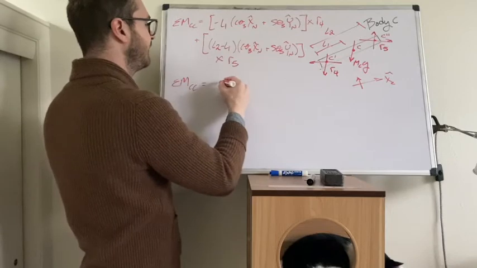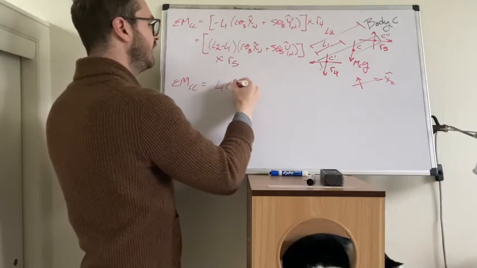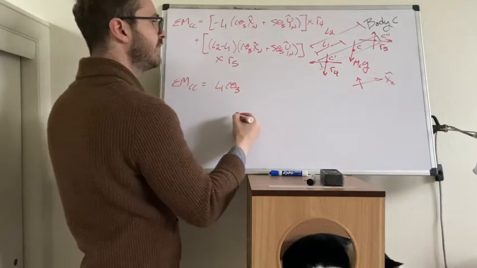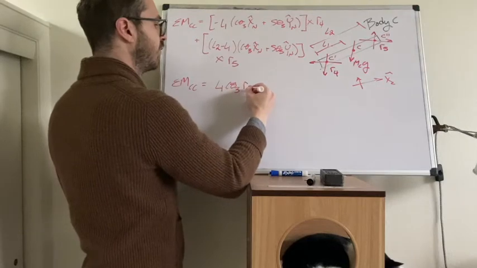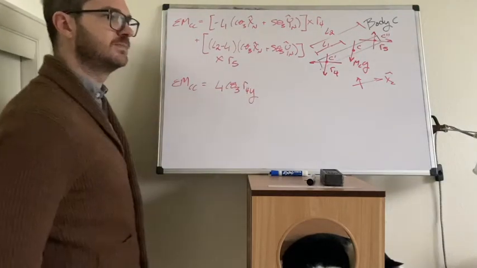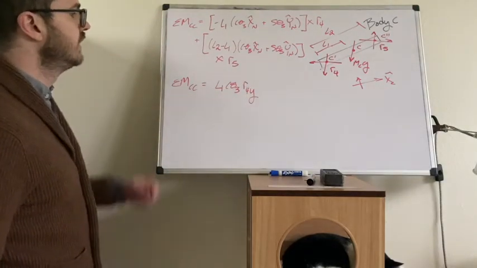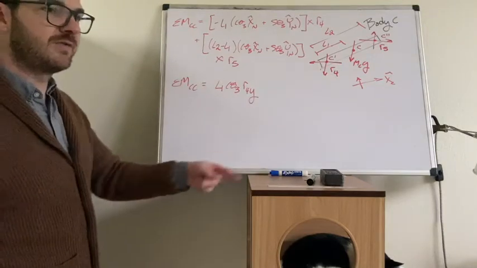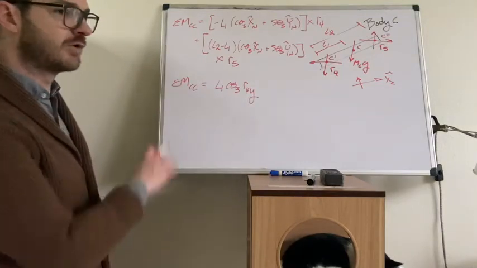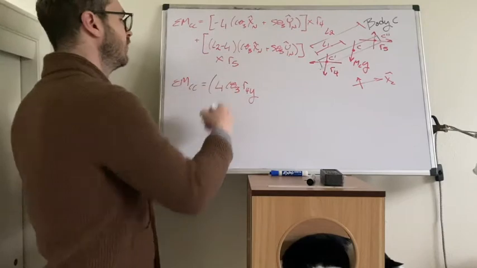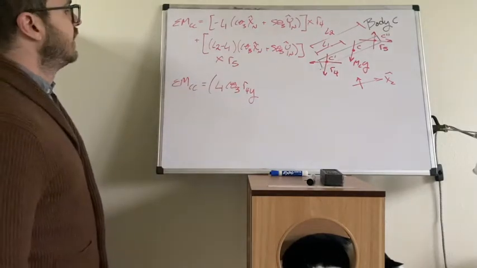That's going to make it positive. We're looking at L1 cosine theta 3 R4Y. And I'm going to group everything since we know everything's going to be about Z. I'm just going to group it all, and we'll put in the Z at the end.